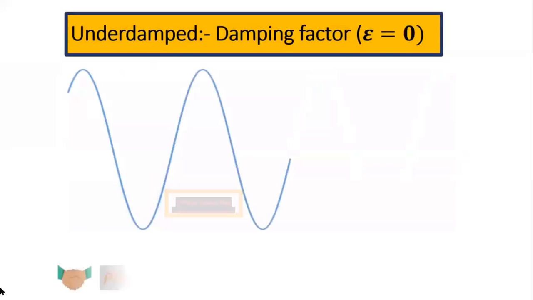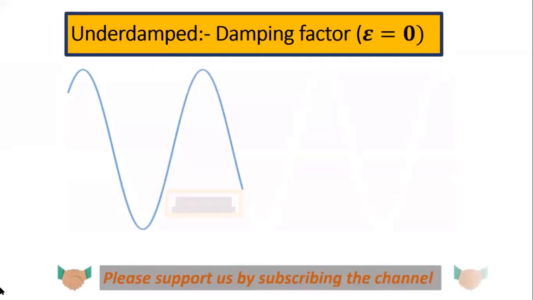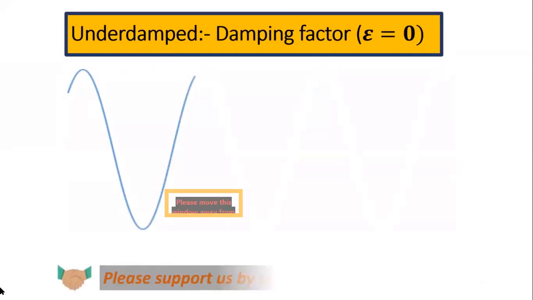And under damped, the damping factor, that means epsilon, equals 0. This is the under damped.